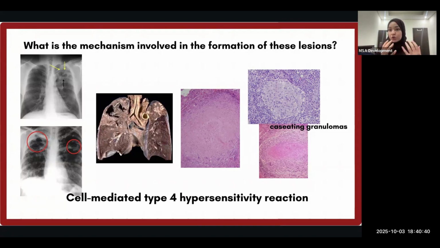The groups of macrophages start fusing together and form epithelioid cells, and then Langhans giant cells. And then as the disease progresses, some of these macrophages start dying off, and some of them start being recruited even more. So the necrotic macrophages form the central area of necrosis in a caseating granuloma. And that, in a nutshell, is TB.